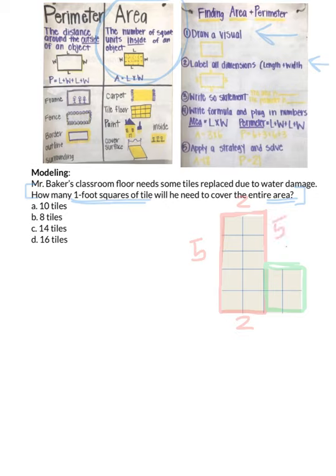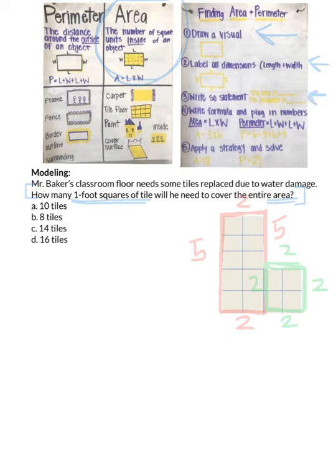So I've got 5 on each side. Now I'm going to look at my square. I've got 2 squares on each side because this is a square. Now I've got my shape decomposed and I've got all of my dimensions labeled. So now we're ready to move on to my next step.